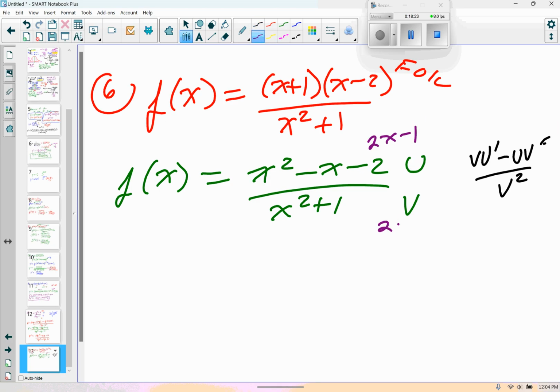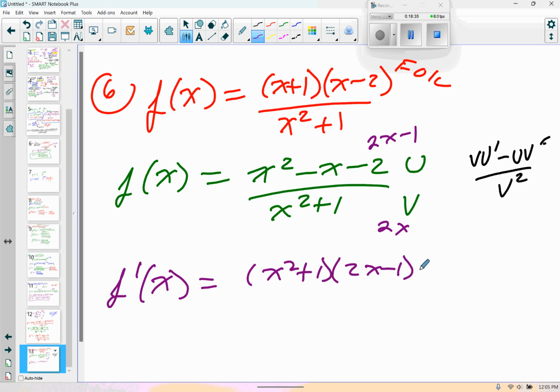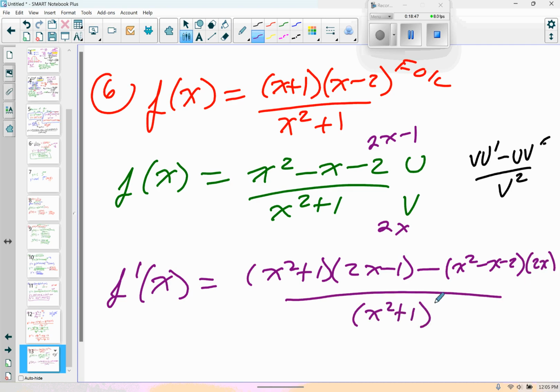The derivative of the bottom is going to be 2x. Our derivative is going to be V, which is x squared plus 1, times the derivative of the top, 2x minus 1, minus our u value on top, x squared minus x minus 2, times the derivative of the bottom, 2x, all over x squared plus 1, quantity squared.